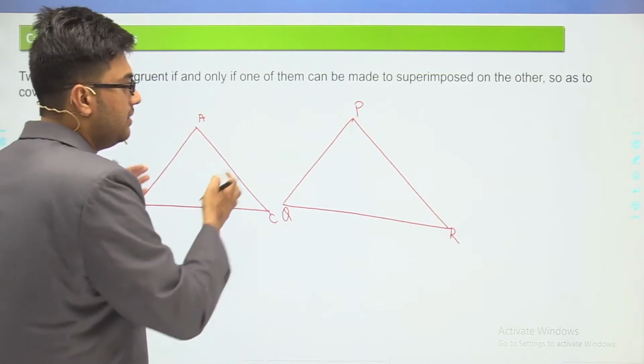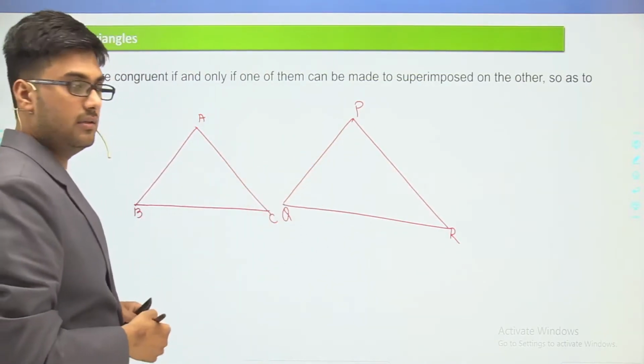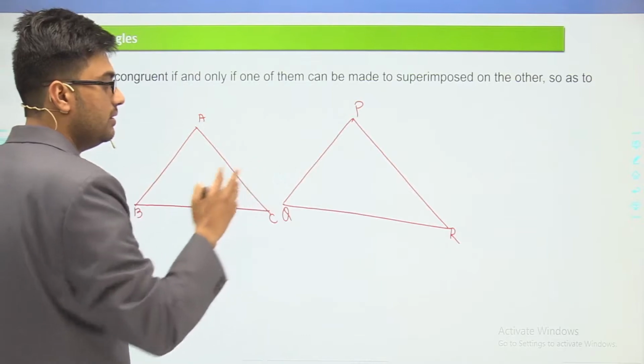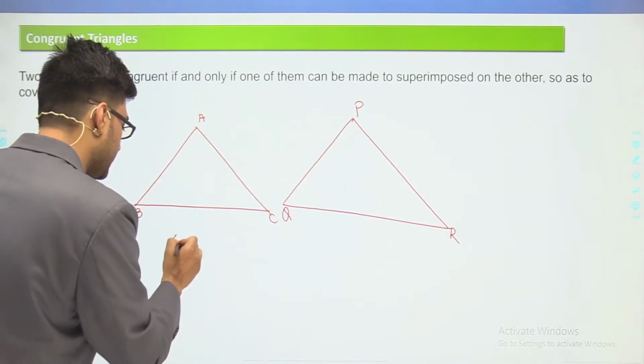If this triangle is superimposed on this triangle, then we can say that these two are congruent.